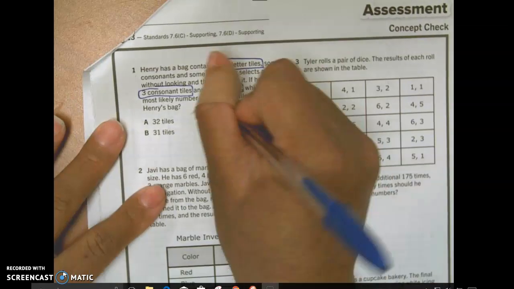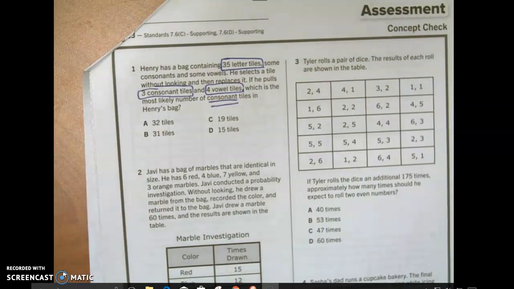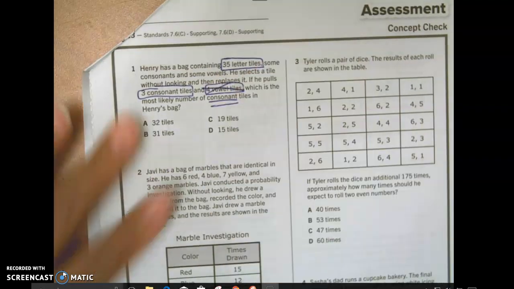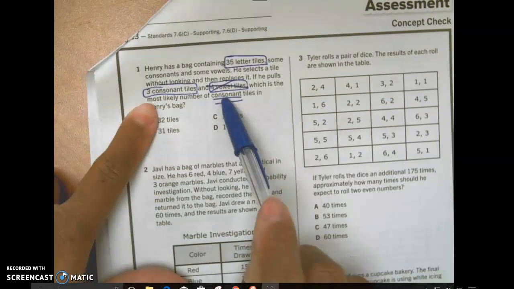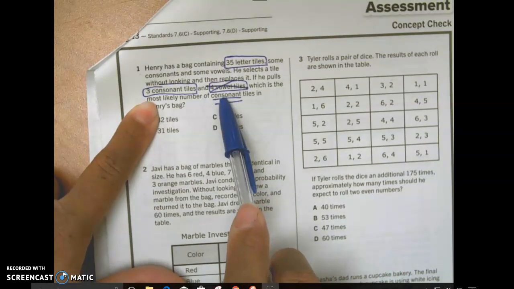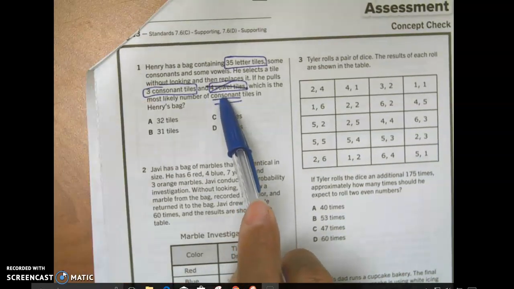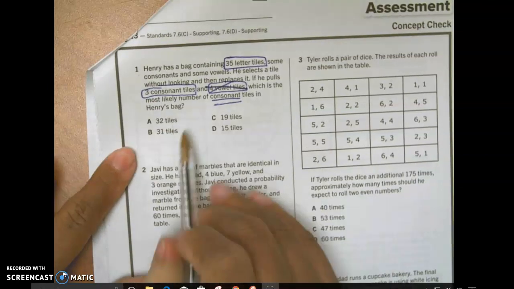So I want to know about consonants. Do I need the vowel number? No. Watch what I do. Actually, I do need the vowel.